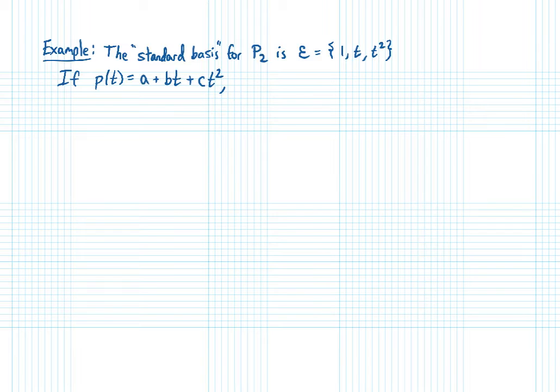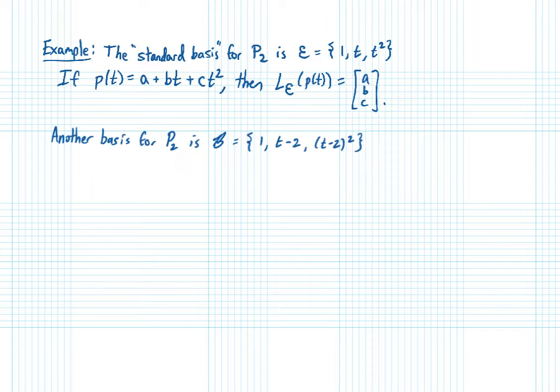So the coefficients a, b, and c are exactly the entries in the vector that you get from the coordinate transformation. And so that's it. The coordinate transformation for the standard basis takes the polynomial a plus bt plus ct squared and produces the vector (a, b, c) as output.